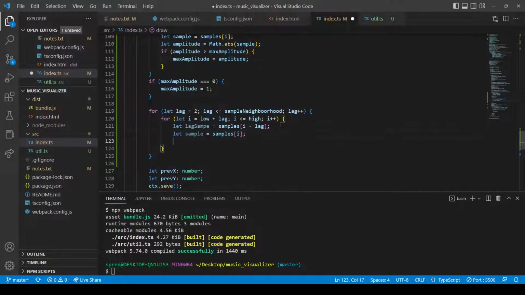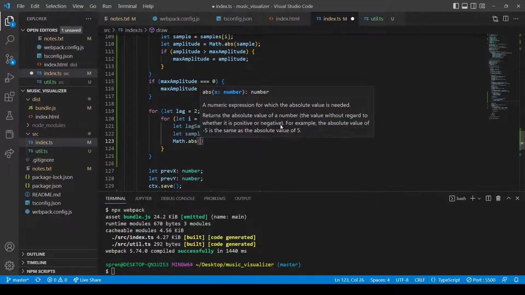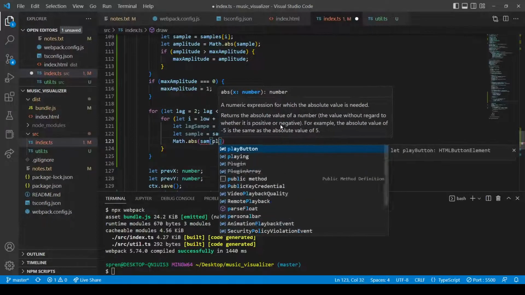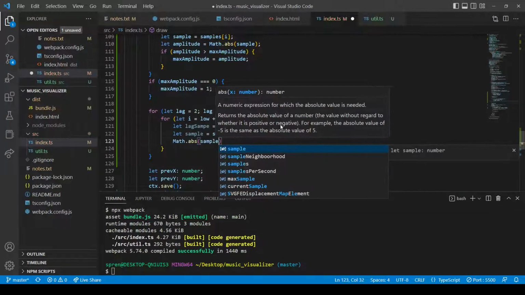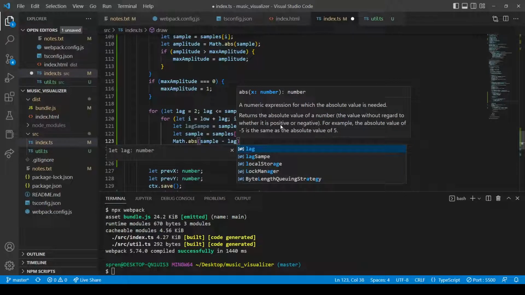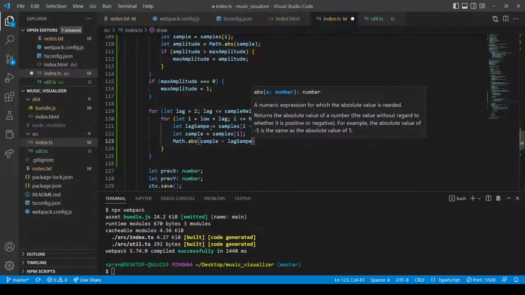And then we do math.abs of sample minus lag sample.